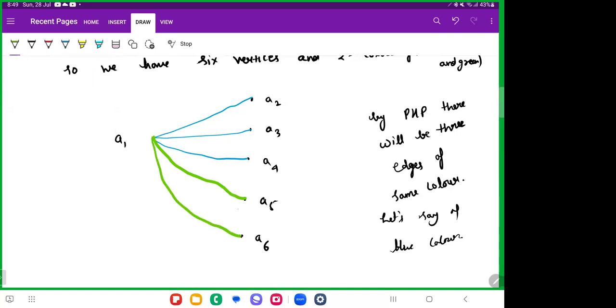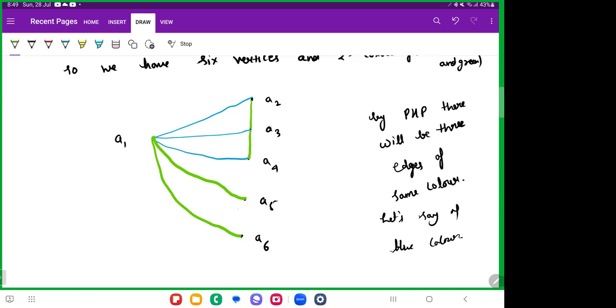Now this A2 and A3 cannot be connected by blue color. If connected by blue, we are done. So it should be connected by green color. Similarly, A3 and A4 cannot be connected by blue, so they will be connected by green.